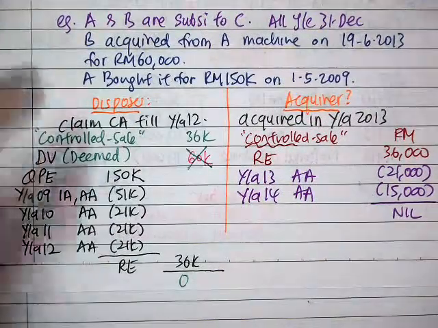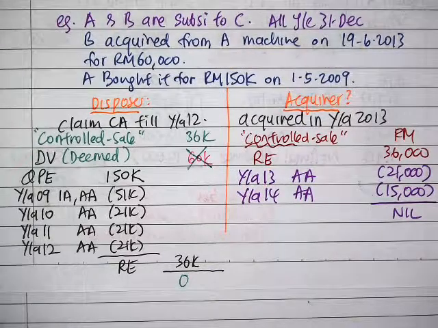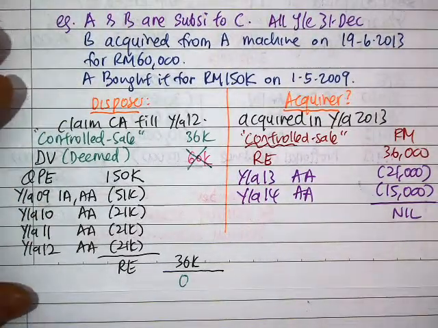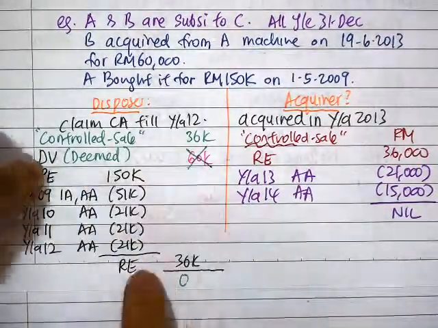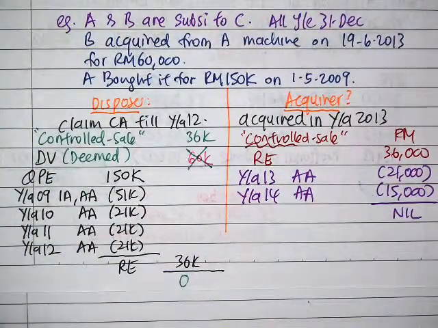So if you always look from the CA point of view, you find that everything is very easy. Don't need to bother about what rule you see here. Just look at CA. Normally what you're going to do, the only difference now is you change the figure. Instead of using disposal value, we follow back your own RE and it becomes 0. That's all. Now, what are those cases that control sale will apply? Now we're going to discuss the rule here. So this is the principle.